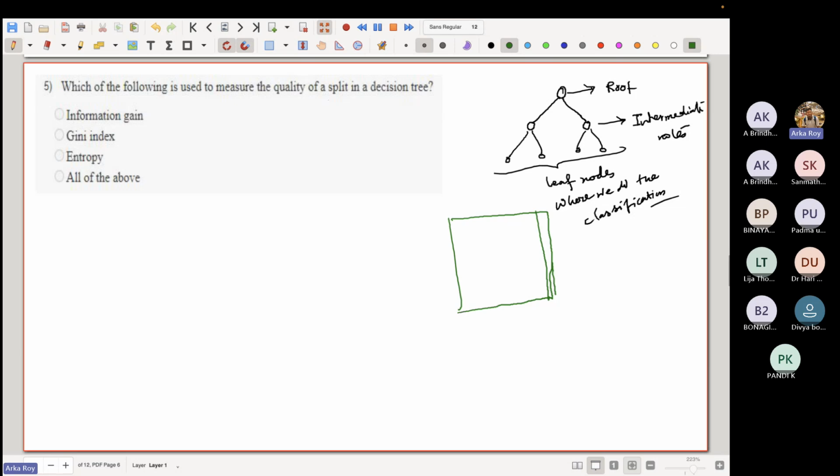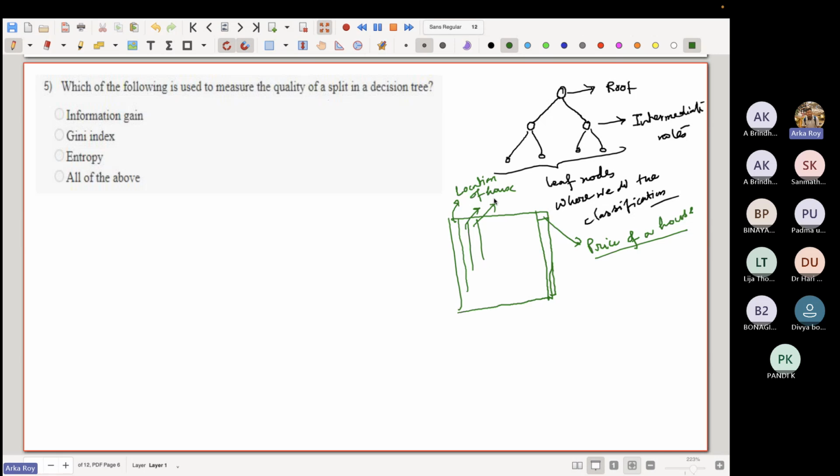The target is to predict the price of a house, and the independent variables to predict the price are, let's say, the location of the house, how many bedrooms are there, how many kitchens are there, and likewise.